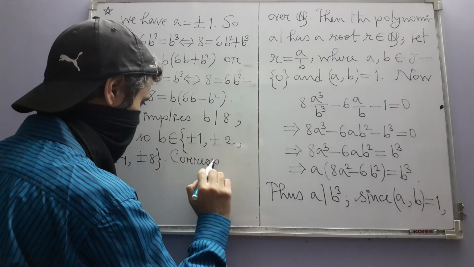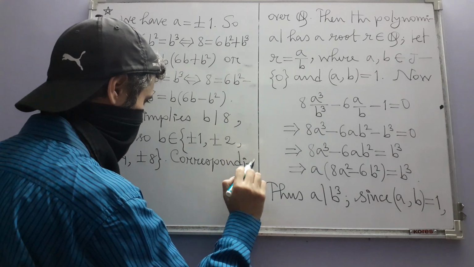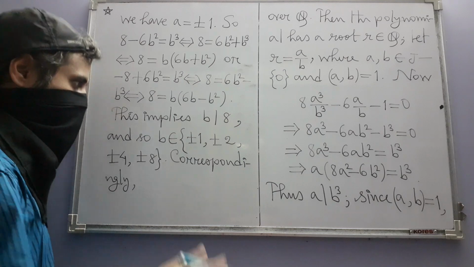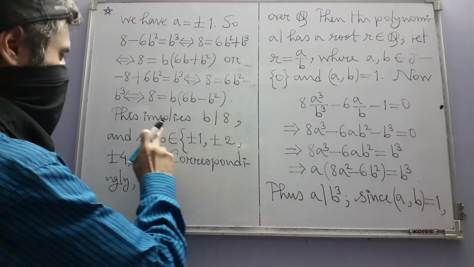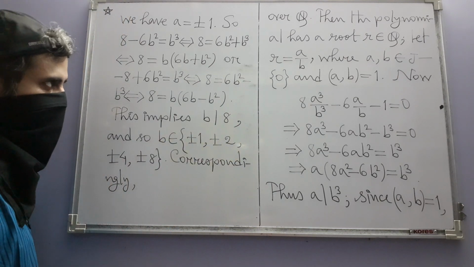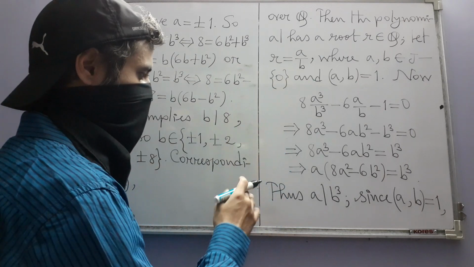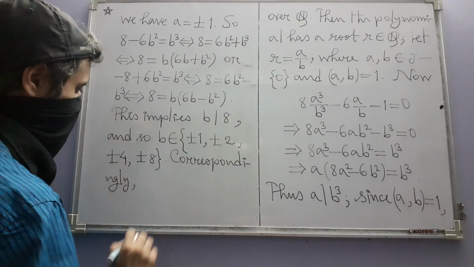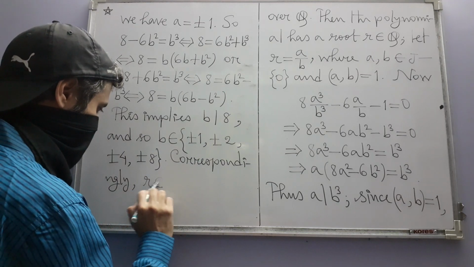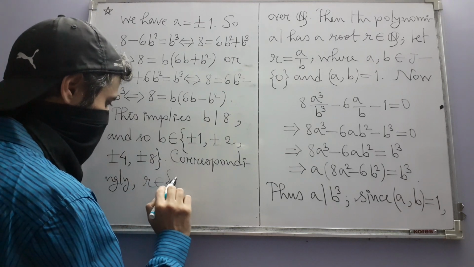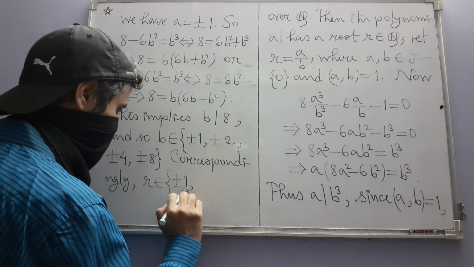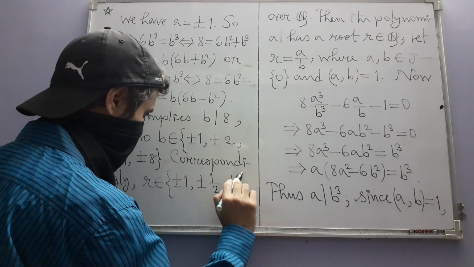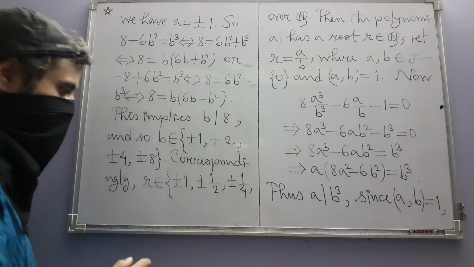And correspondingly, now taking everything into account, that these are the only values of b, and also a can be either 1 or minus 1, what happens to r? Obviously r has these possible values, because r is a over b.